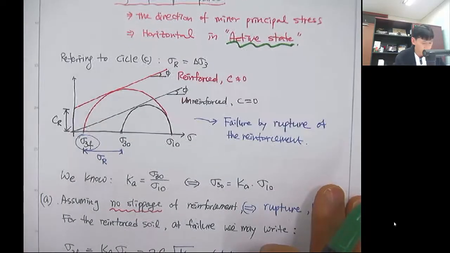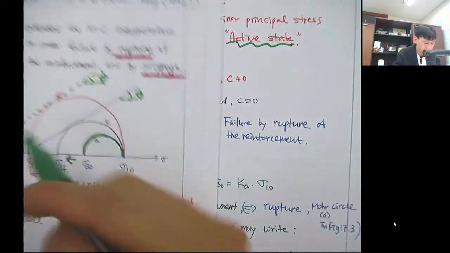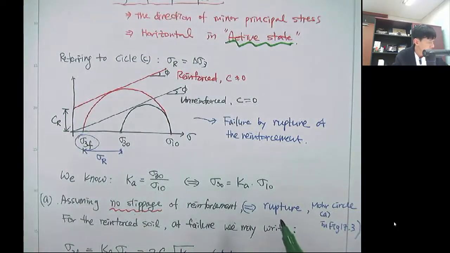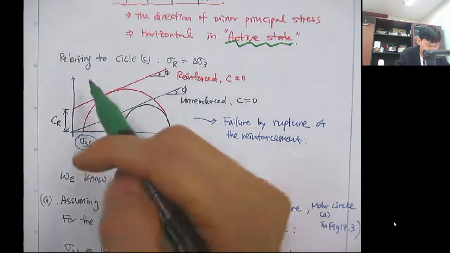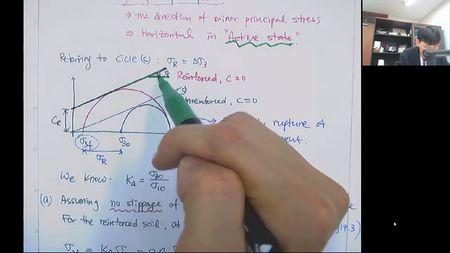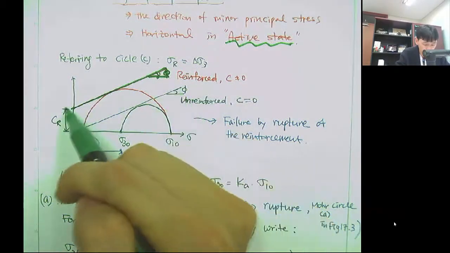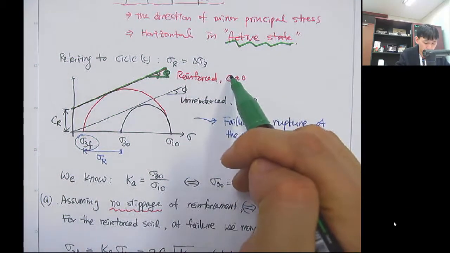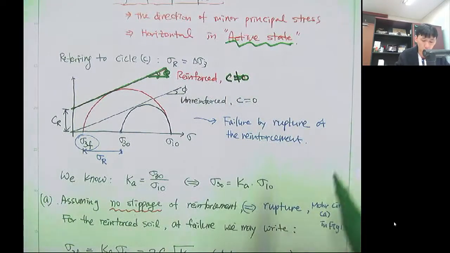Referring again to circle C in the previous lecture note, we can draw the line with the same friction angle phi, and the failure envelope will be labeled as reinforced soil. So here the cohesion intercept is not 0 anymore.